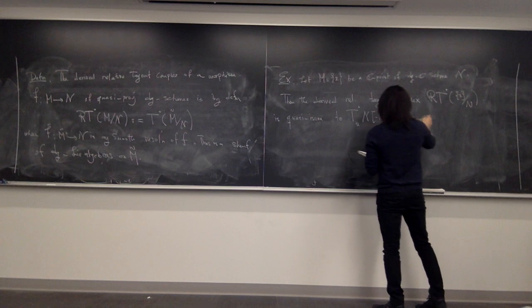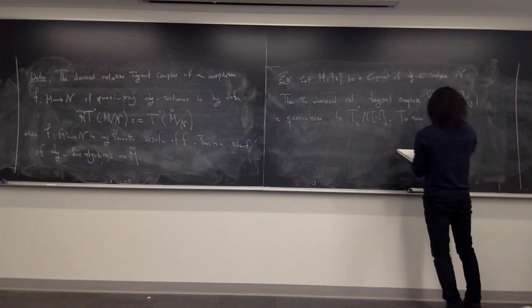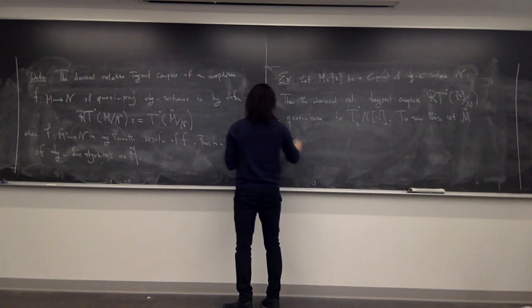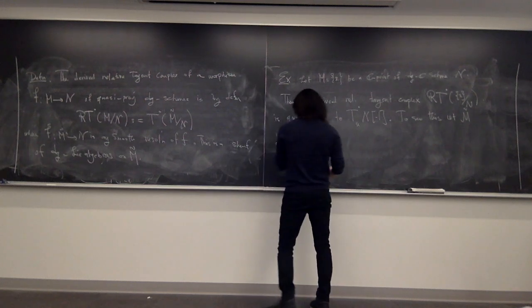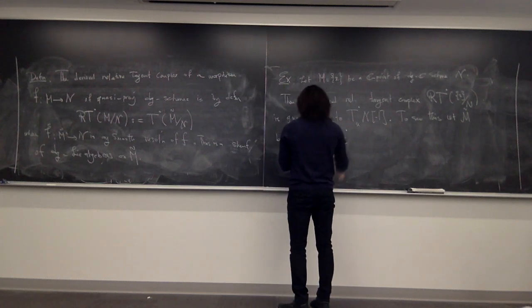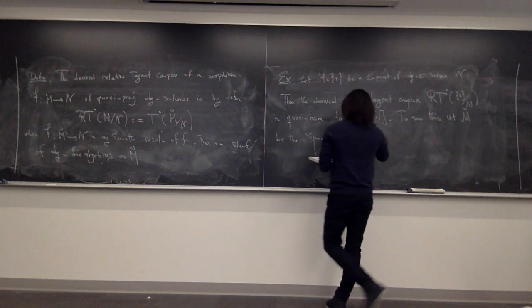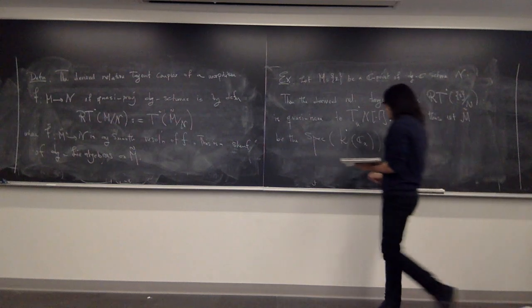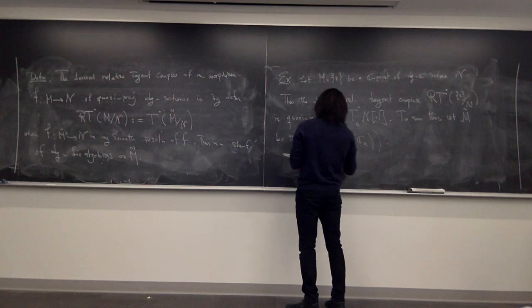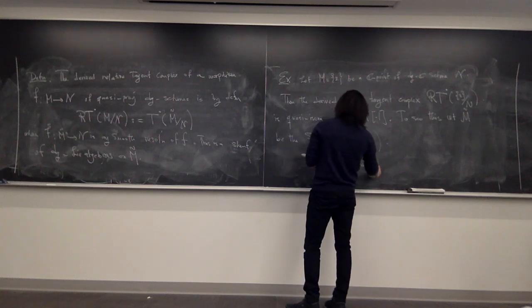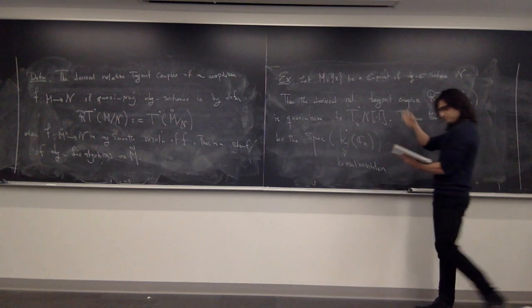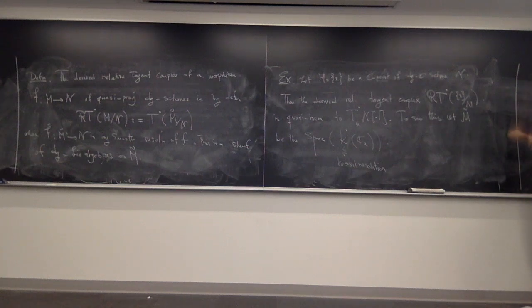To see this, let M tilde be the spectrum of the K dot over X. This is the Koszul resolution of the vector space which is supported on that point X inside the DG scheme.